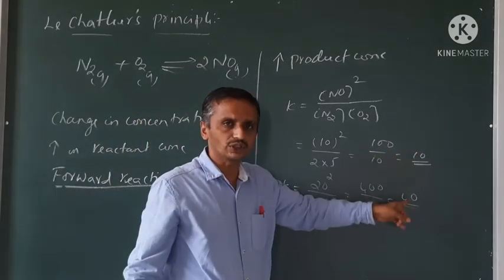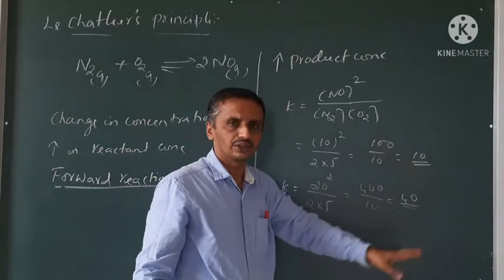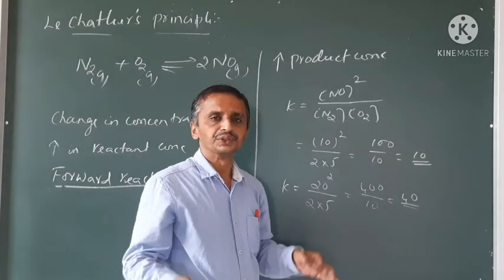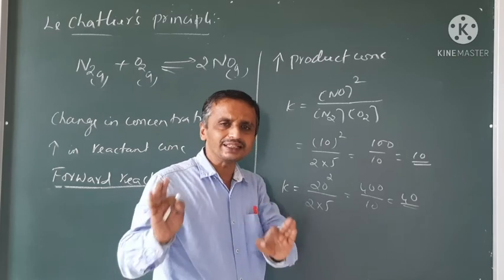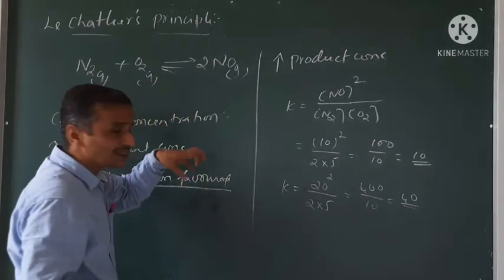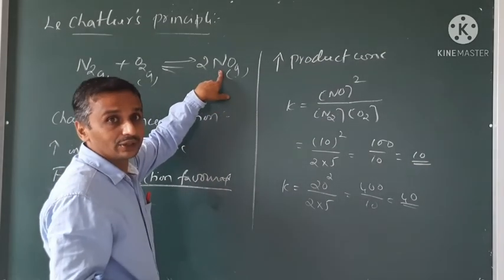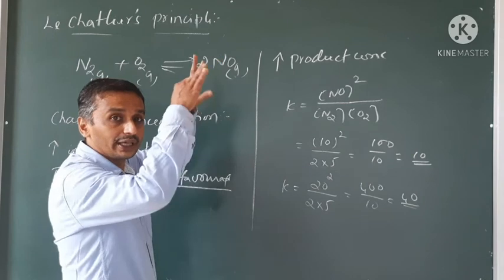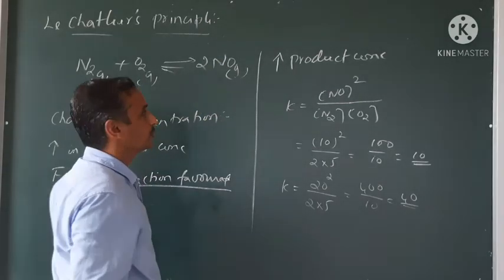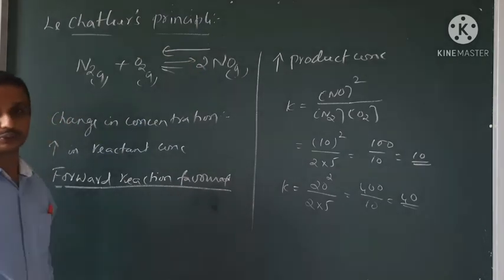Is the equilibrium constant constant? No. It's 10 and 40, it is changing. So, in order to maintain the equilibrium constant, what happens? The reaction adjusts in such a way that the added nitric oxide concentration should decrease. To decrease it, the backward reaction is favored.